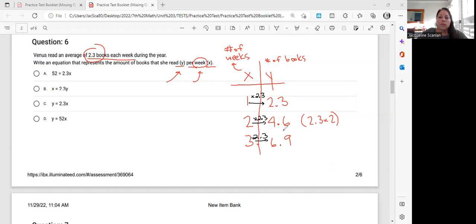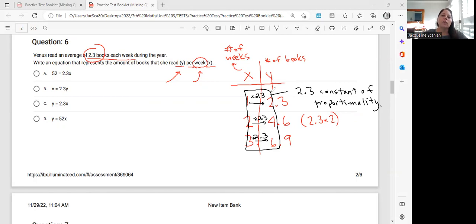And so this should look very familiar to you because this is what we call our constant of proportionality. So 2.3 is the constant of proportionality. It is what's constantly happening between our numbers. Every week, she continues to read 2.3 times as many books as the number of weeks.